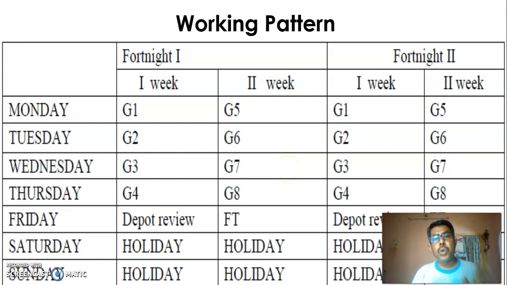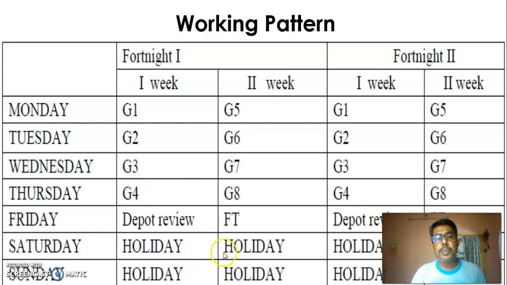So in a 2-week period, that particular agricultural officer visits all 8 villages in the block and the groups of farmers. Group 1, group 2, group 3, group 4 are the groups of farmers, covered across the 8 villages.